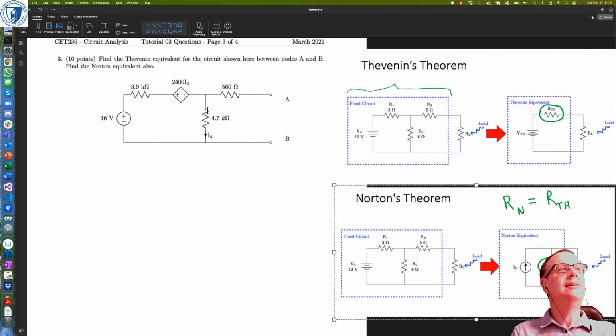You also need to find either the Norton current or the Thevenin voltage in order to solve the problem, right? Because remember, the Thevenin equivalent is both a voltage and a resistor, and the Norton equivalent is both a current source and a resistance.